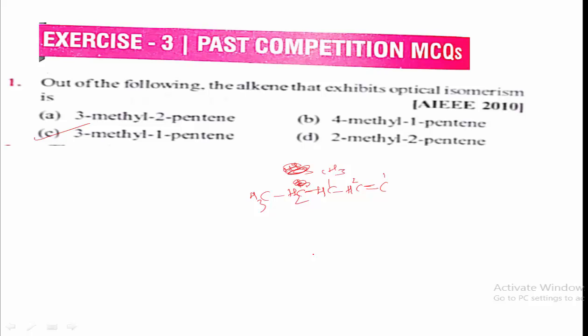Yes, which one contain asymmetric carbon atom here? Okay, observe carefully this group, this carbon atom. If you consider, this one contain here CH3 group, here CH double bond, another group, and here one ethyl group is present. Is it right? Yes, means this contain 4 different groups. Therefore it is one of the chiral carbon atom or asymmetric carbon atom. Therefore the answer for this question is option C.